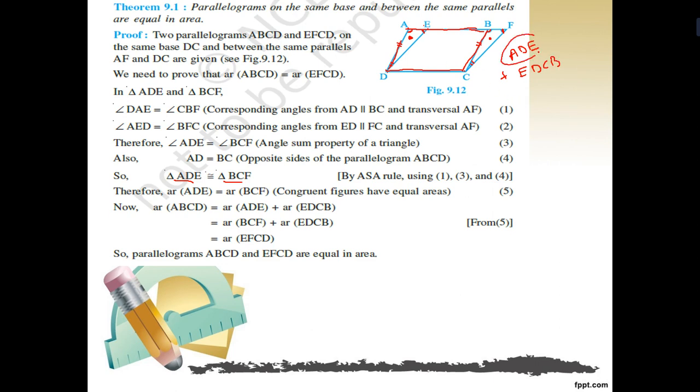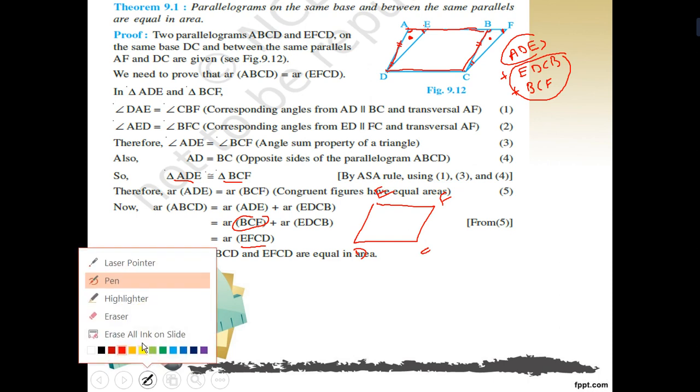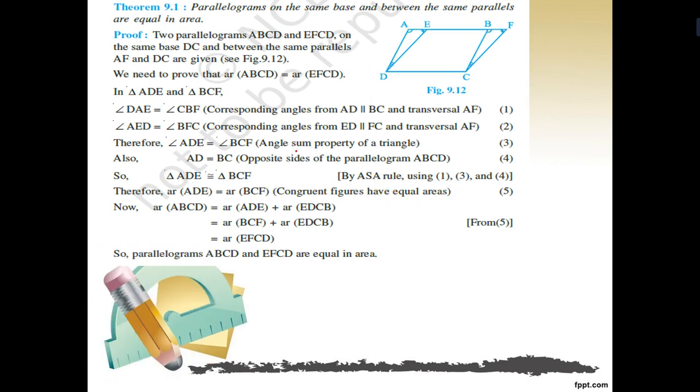But we know that the area of ADE is equal to BCF, so we can write BCF. If I total this, we get EFCD. So that way you can write theorem 9.1 from your text. In the next lecture we go through exercise 9.2.